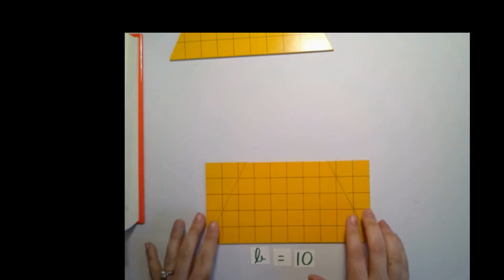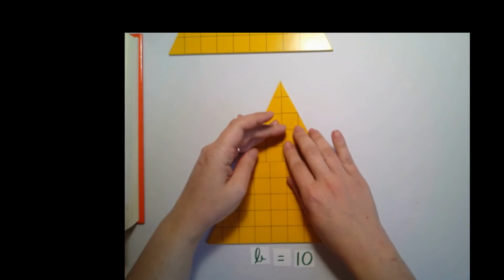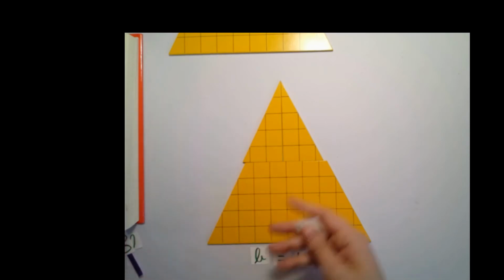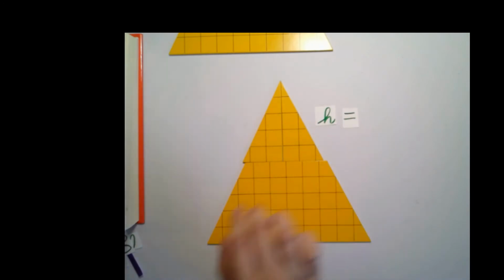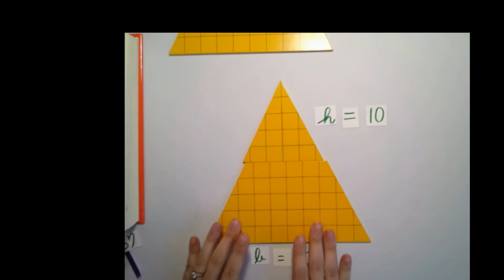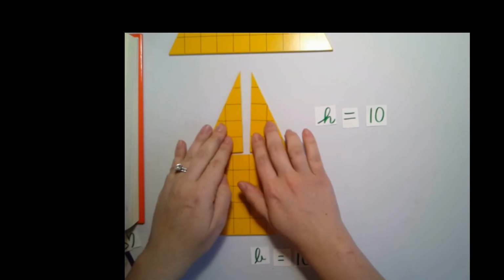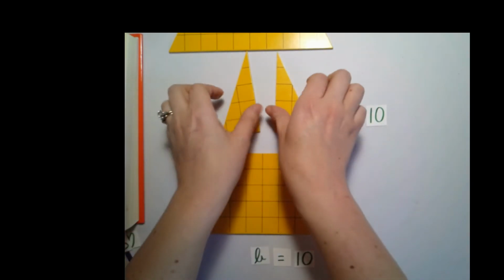So the full height of our triangle we determined was 10. So I'm going to place that because it was 10 to start with. Okay. So for this area formula, what we've done is to solve for it, we've taken half the height, right?